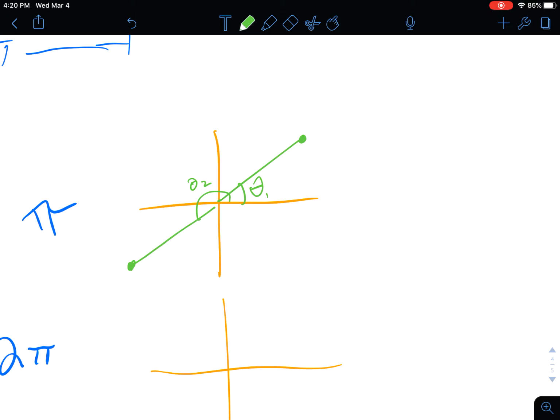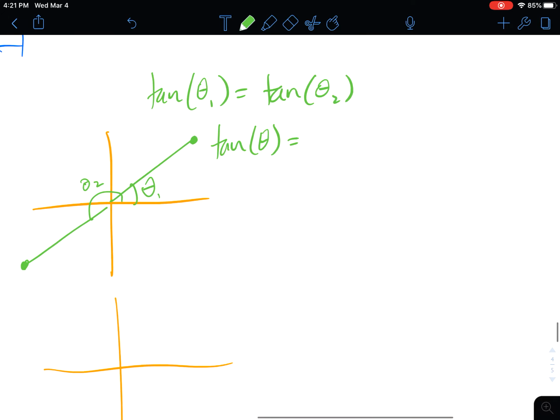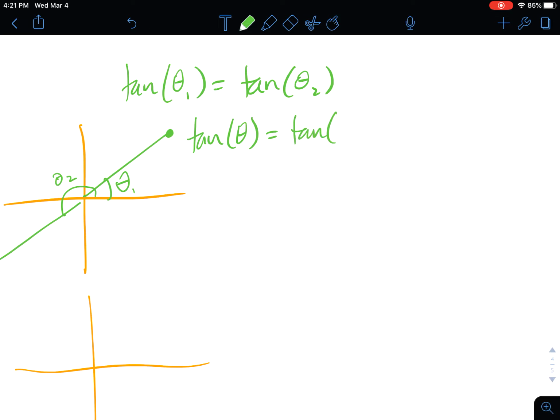These two have the same tangent. We've seen this pattern before. And what's cool is that we can see that tangent of theta is equal to tangent of theta plus pi. And this pi explains the period of tangent. Every pi, a tangent function has the same value. It repeats itself every pi.